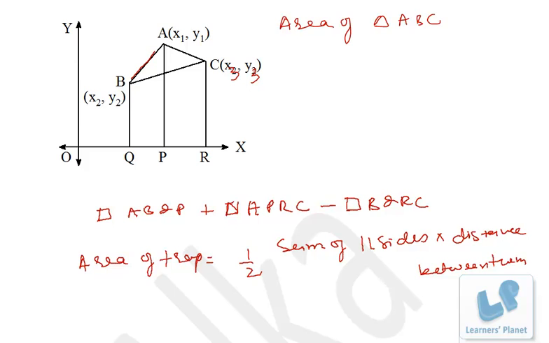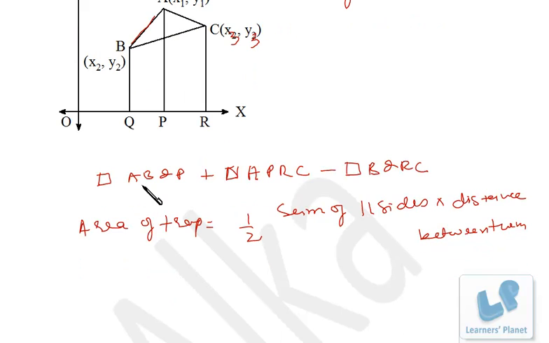Now first of all we find out the area of trapezium ABPQ. Coordinates of Q will be what? This coordinate is x2, so coordinates of Q will be x2 0, coordinate of P will be x1 0, coordinate of R will be x3 0. Length of this is y2 and length of this is y1.